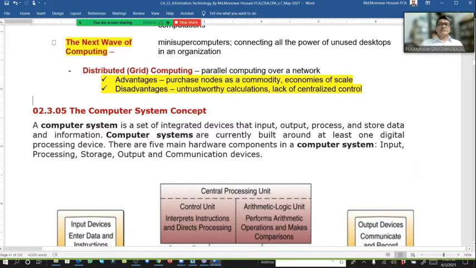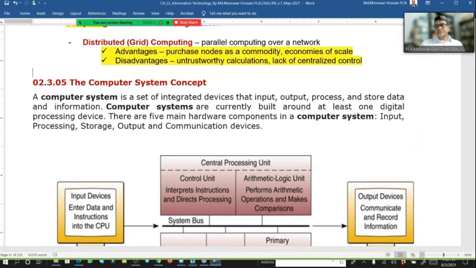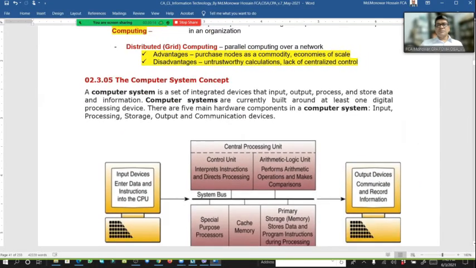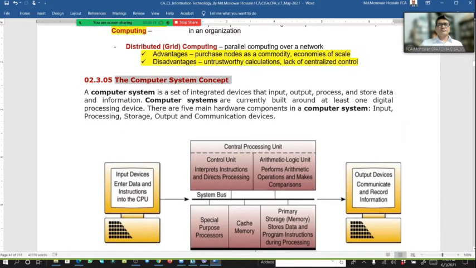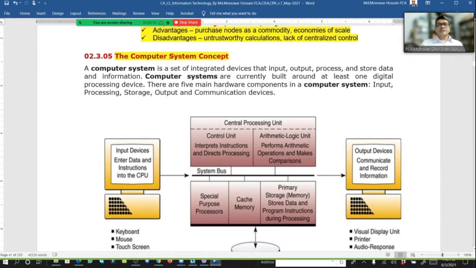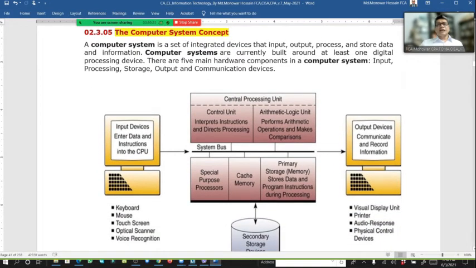The computer system concept: if we see here how a computer works, what system it is using. Look here, a computer system is a set of integrated devices that input, output, process, and store data and information.